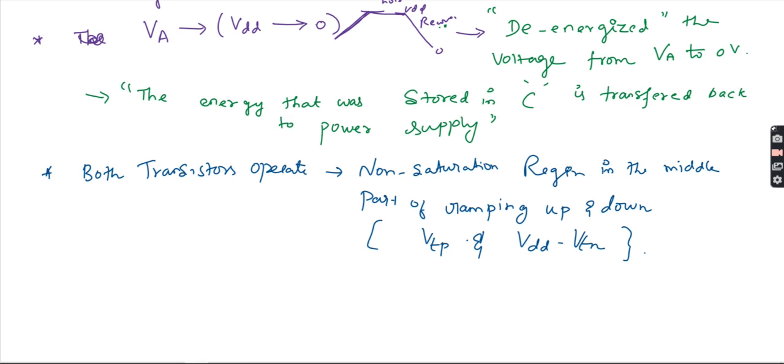Because initially the NMOS will be on and it remains on till the output reaches VDD minus VTH. On the other hand, the PMOS will be turned on when the ramp voltage attains the threshold voltage, and it remains on till the maximum value. So this is all about the adiabatic amplification.